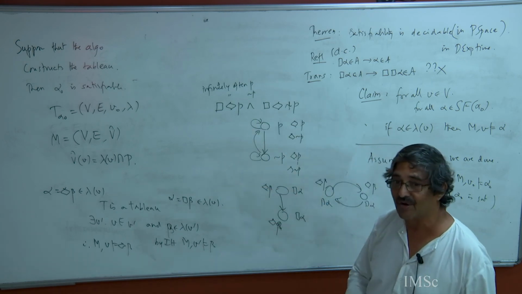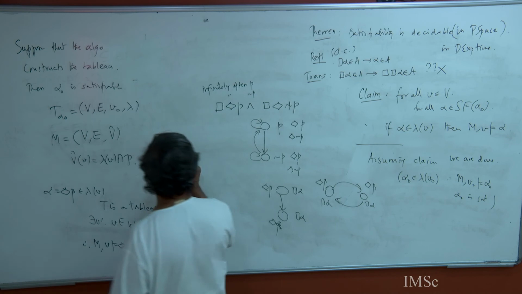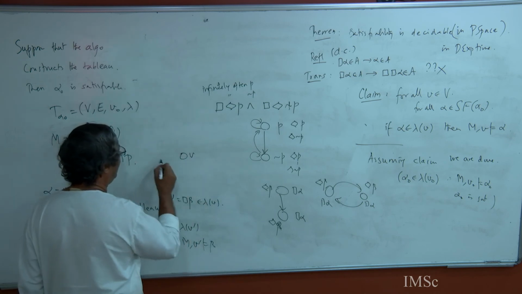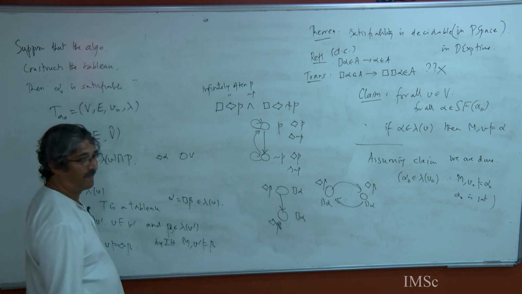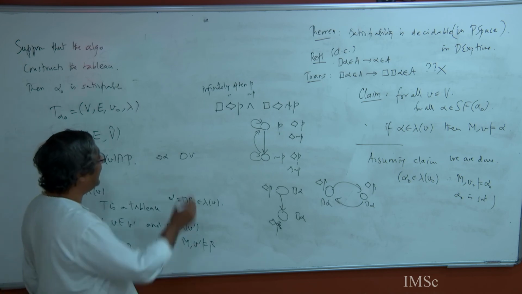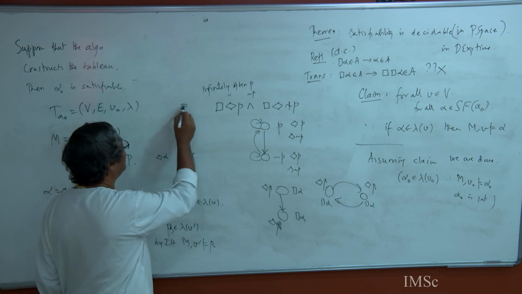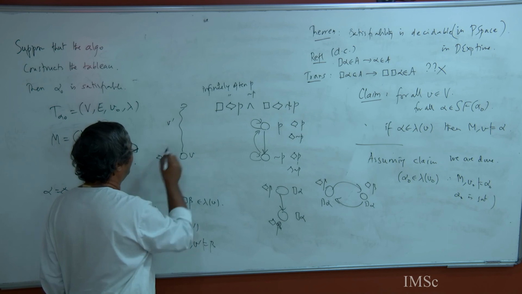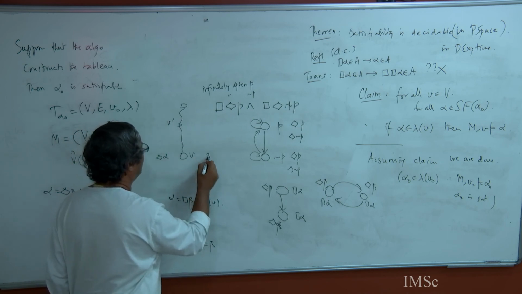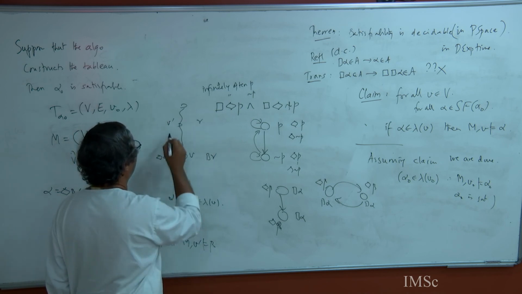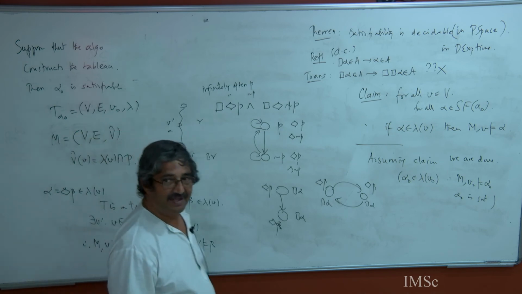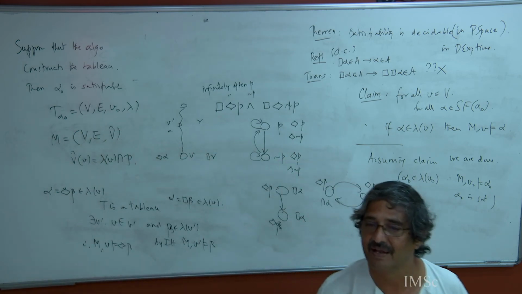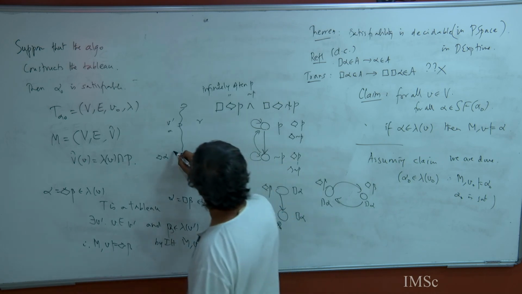So the condition that you are always looking for is that I am at a leaf node and this has diamond alpha. Then is there a path to some v prime from v prime here such that if box gamma belongs to this, then gamma belongs to it and alpha is there. If it satisfies that property, then put in a back edge.